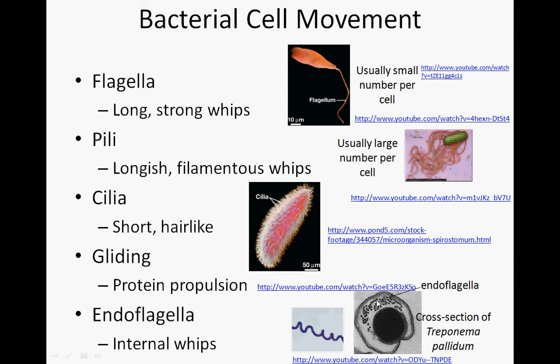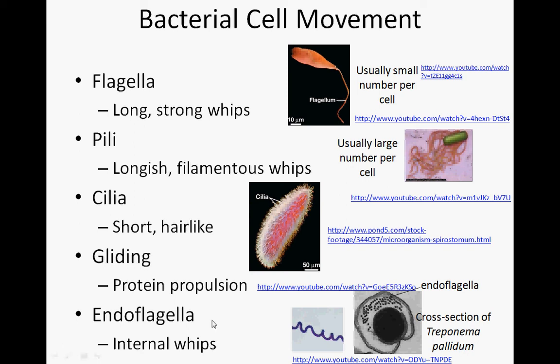And they tend to cluster on one side of the coil or the other. So when these all whip at the same time, they actually get the entire cell to move in a corkscrew motion. I have a video link right here, I believe it's the Lyme disease spirochete, but I'm not positive on that one. Hopefully it says in the caption.